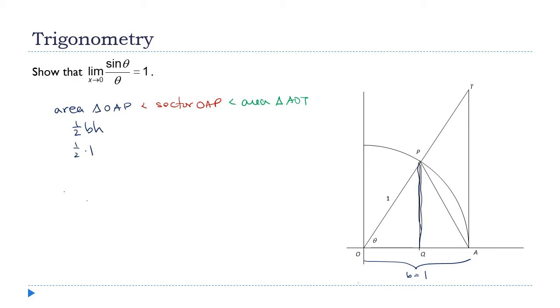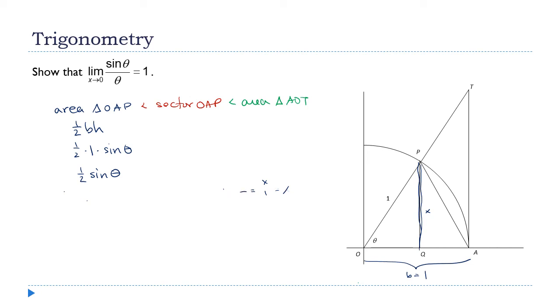Just temporarily, let's call this x. The sine of theta is x over 1, but that's just x. So the height of my triangle is sine theta. All right, so my total area is 1/2 sine theta. And you may have actually seen a formula back in your trigonometry class for the area of a triangle that was really similar to this.